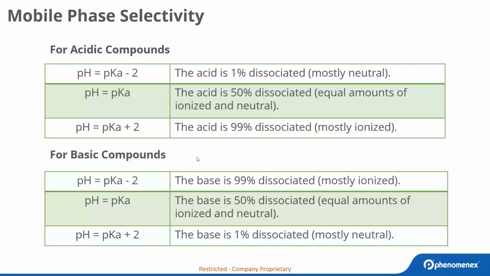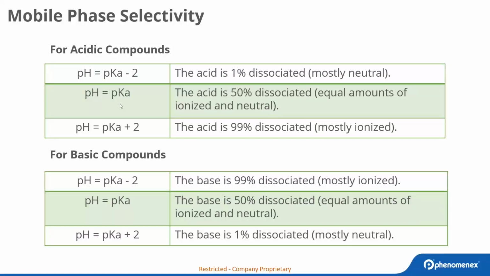And ideally, if you're working with a number of different compounds, you can't get all of them into a neutral or ionized state. So what you want to do is just make sure that you're not at the exact pKa or pKb of one of your analytes, because then you'll see broadening happen.